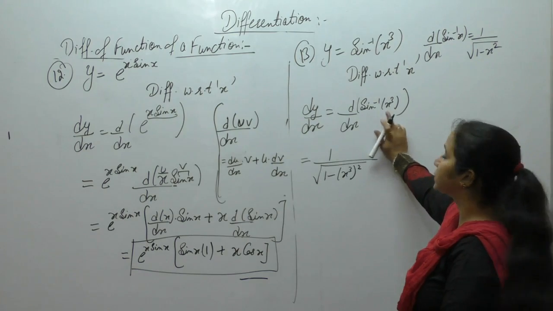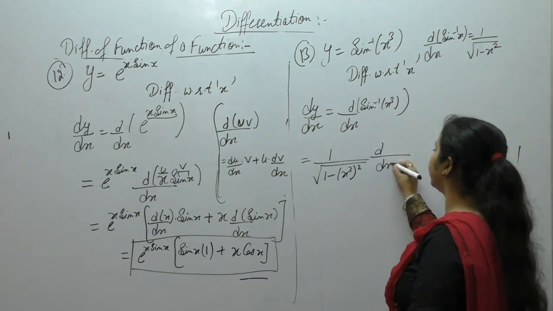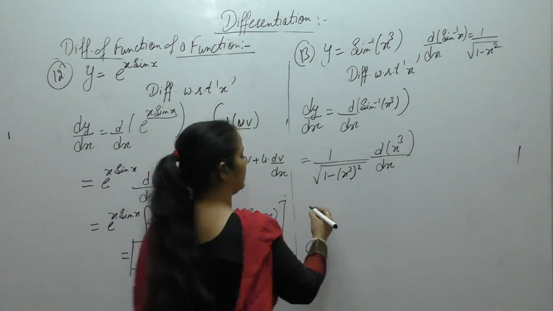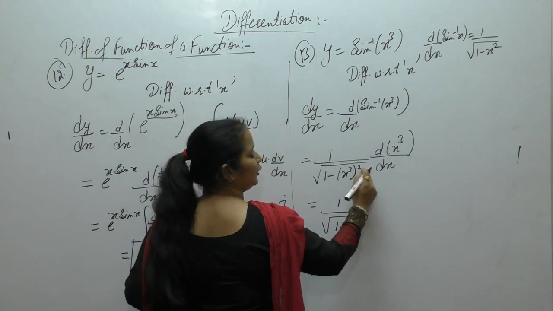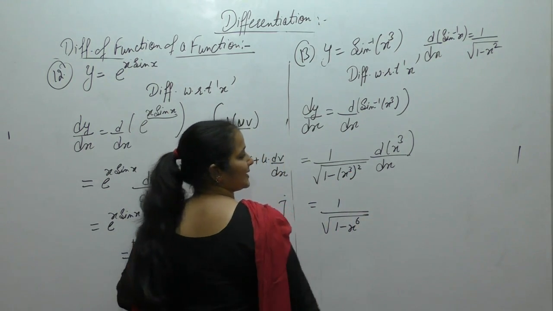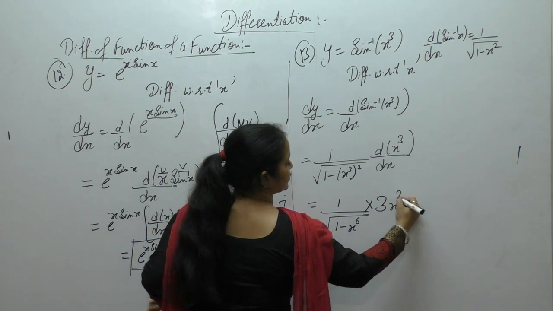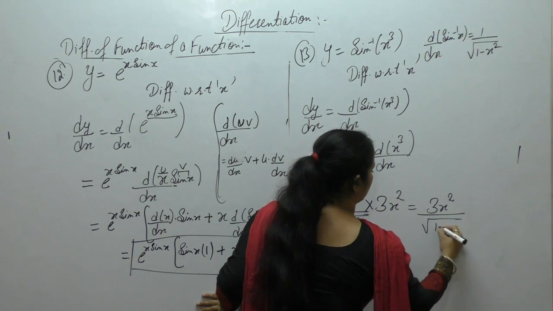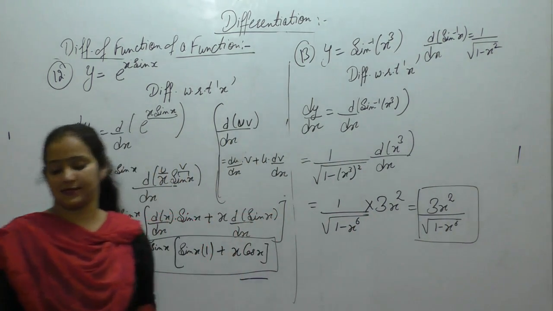Because instead of x we have x cube here, we will have to take the derivative of this x cube. Clear? Now 1 upon square root of 1 minus x power 6, since 3 into 2 powers will multiply to 6. Derivative of x cube is 3x square. So we get the result as 3x square upon square root of 1 minus x power 6.